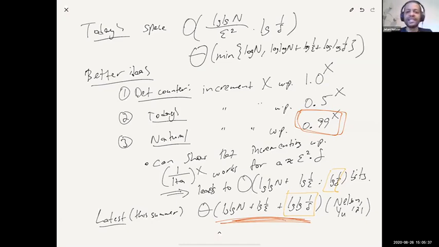So that's the optimal bound. No matter what epsilon, delta, and n are, that's the best you can do. The first term is achieved by a deterministic counter. The second term is achieved by the Morris counter. I'm not sure I answered your question.